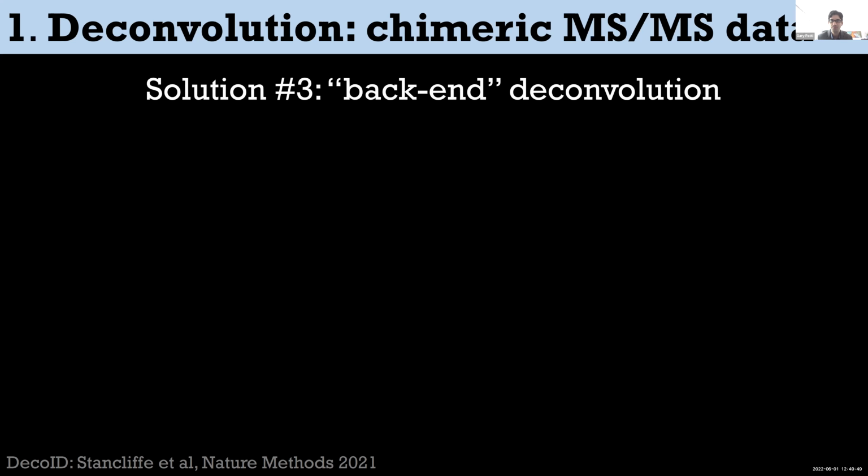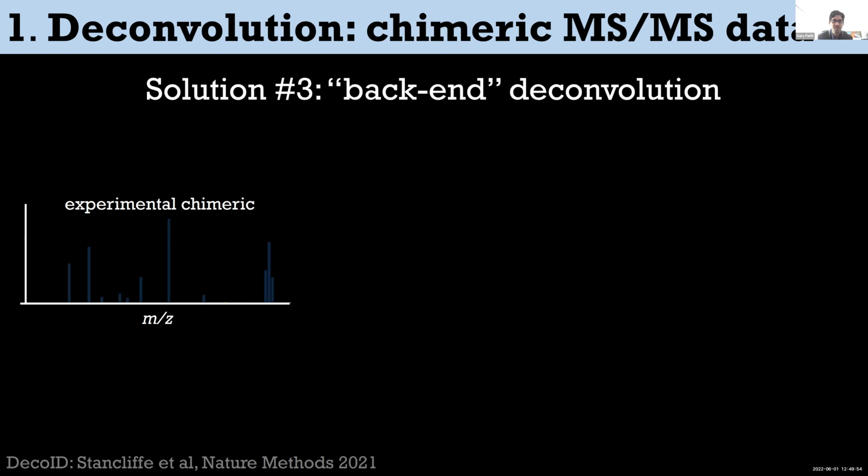So the idea is that we have an experimental chimeric MSMS spectrum, but instead of trying to tease apart which components contributed to the experimental spectrum, the way I've described on the front end, what we do is take the reference MSMS data that is in our library and convolve it together to try to recreate the experimental chimeric data.